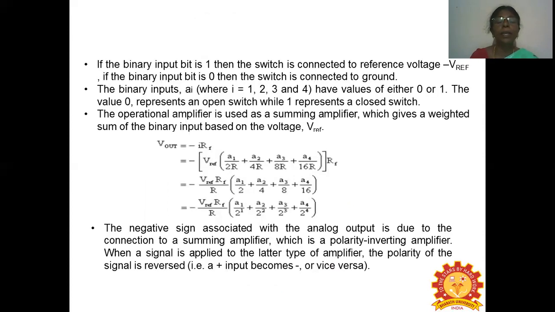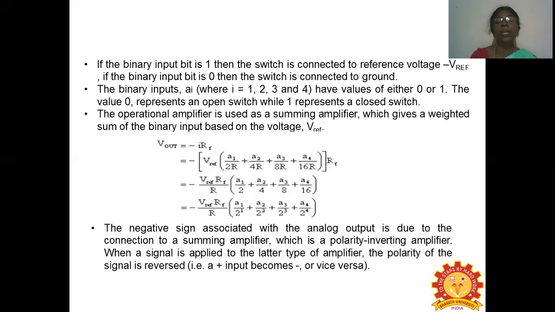The binary inputs Ai, where i takes the values 1, 2, 3 and 4, have values of either 0 or 1. The value 0 of the binary input represents an open switch, while the binary value 1 represents a closed switch condition.